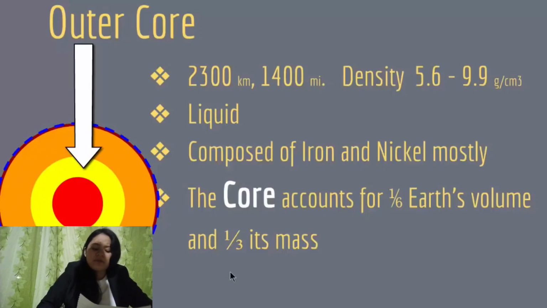The reason for this heaviness of the core is that it contains a lot of iron and nickel, and these two materials are really dense. This causes the core to be extremely heavy.